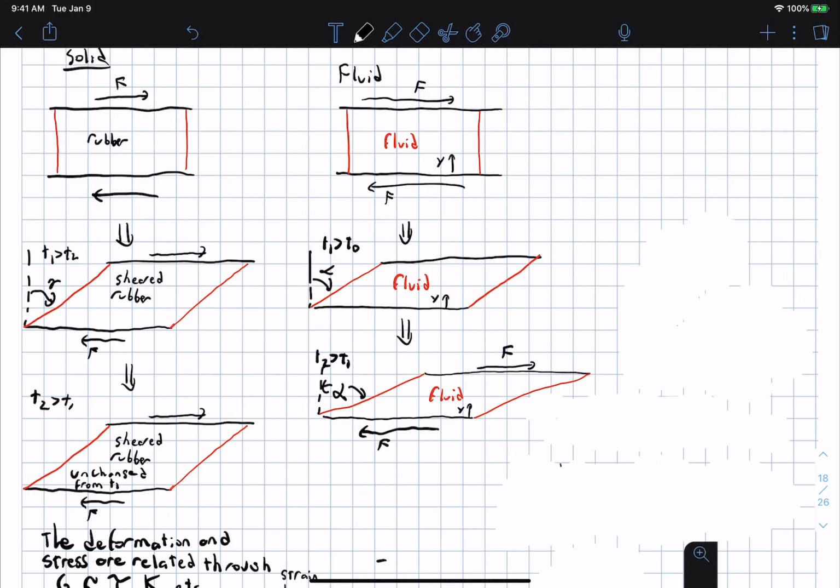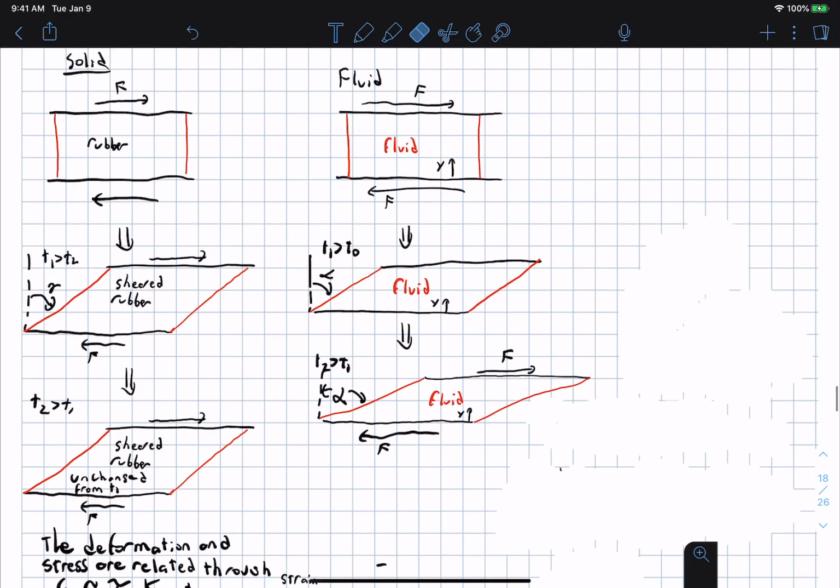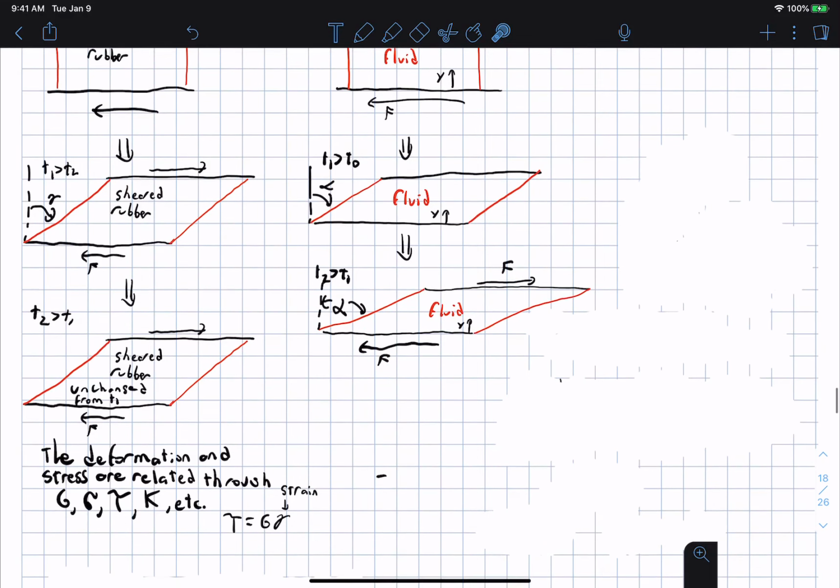So here's a conundrum. I didn't change the force on here, and the angle keeps growing. So this tells us that the shear stress for a fluid cannot equal the total strain that is acting on this little fluid element here.